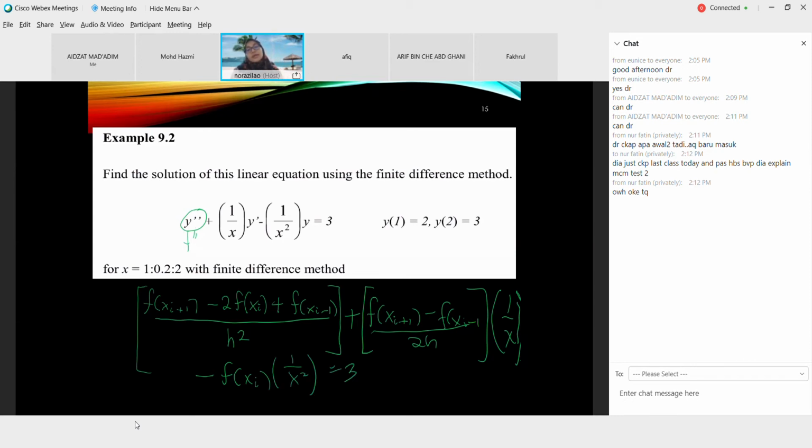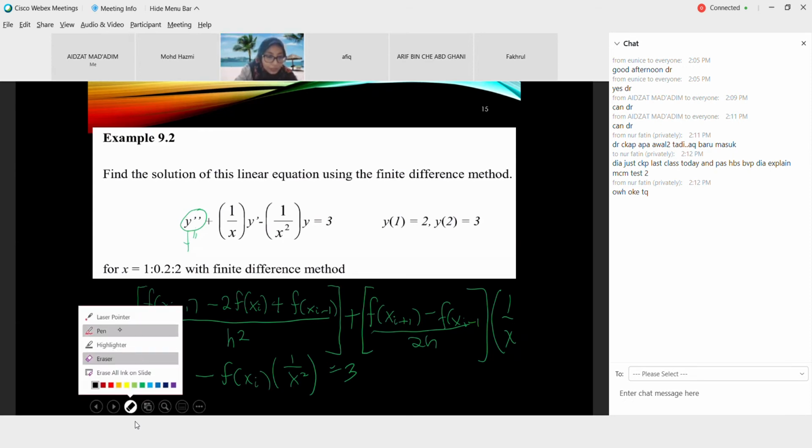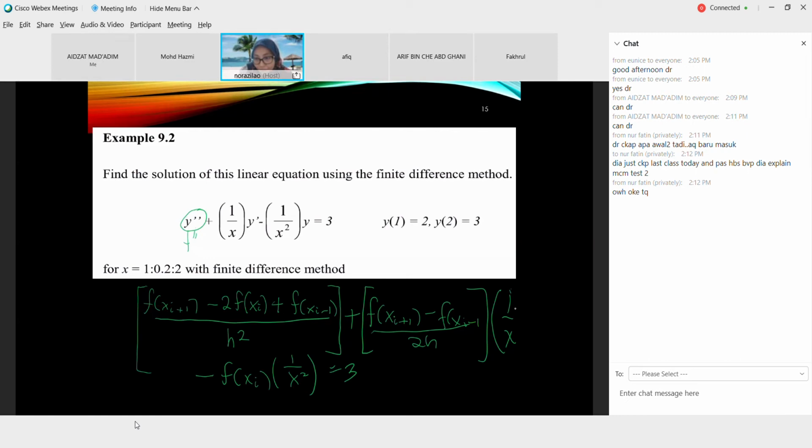Boleh faham? How can I change this one? Siapa tak faham? Okay, please tell me if you not understand. So kita ambil yang second dengan first derivative lah, betul? Yes, this one is not the first or second. This one is the original one. Kita letakkan dia FSI saja.